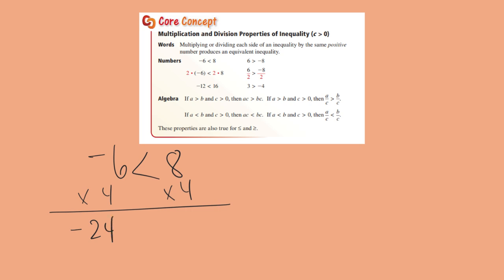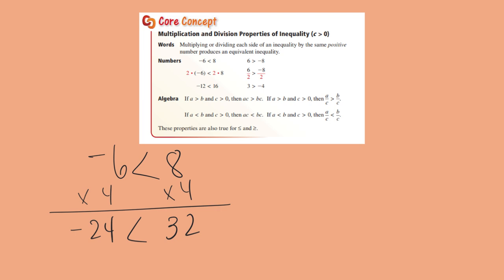And what is 8 times 4? Is -24 still less than 32? So my rule still applies. That's going to be vice versa, even if I have greater than, less than or equal to, or greater than or equal to. These parts are going to be true for all 4 of the different inequalities. Yes?